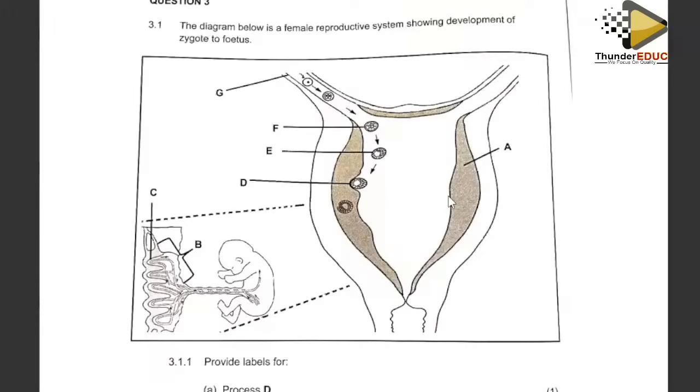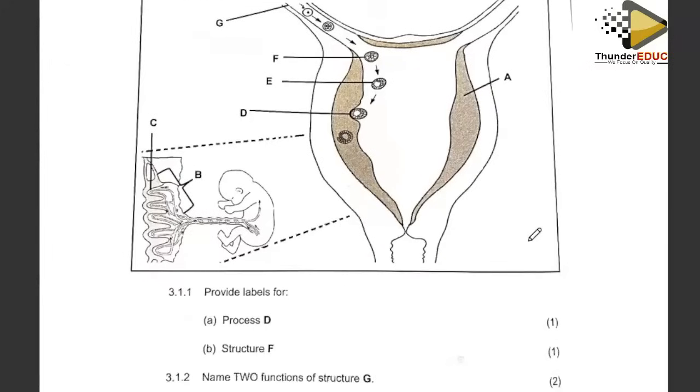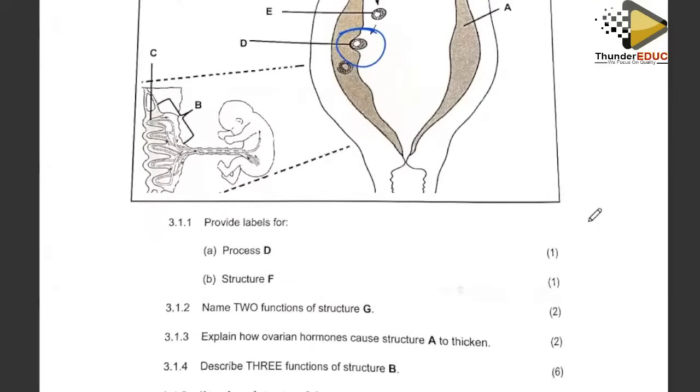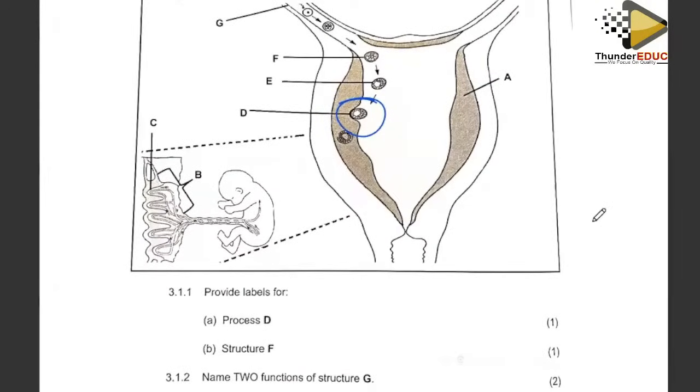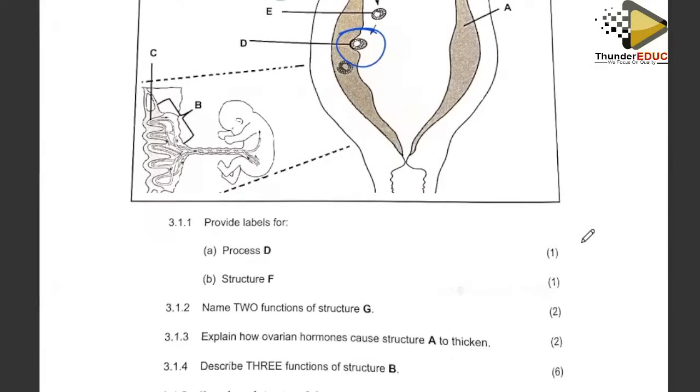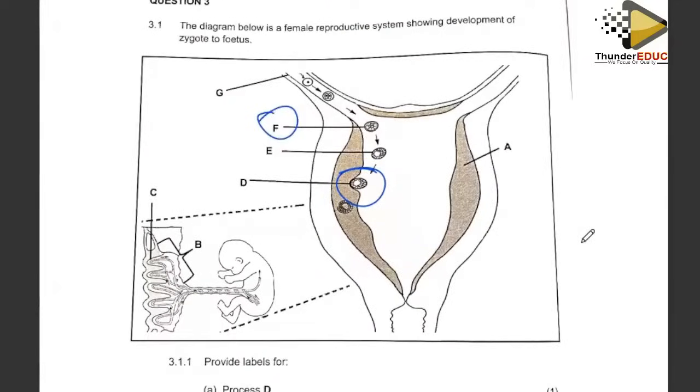Process B. Process D is implantation. It's starting to sink itself. Structure F is a ball of cells, which is a morula. They're saying name two functions of G.